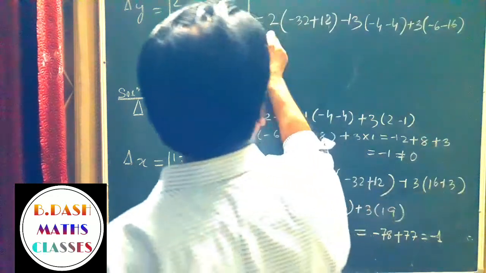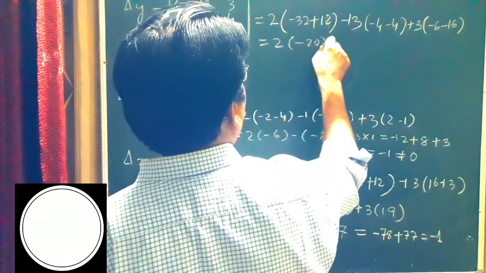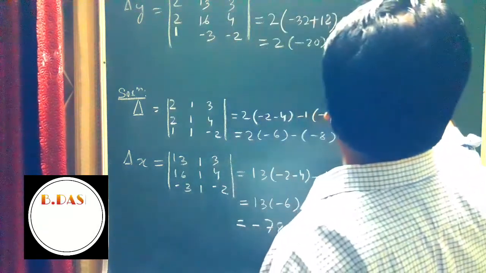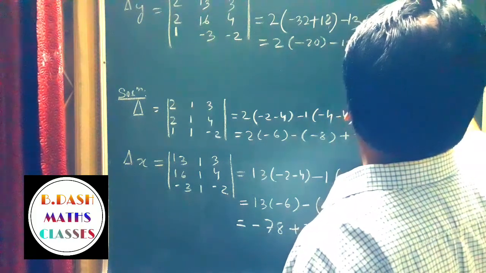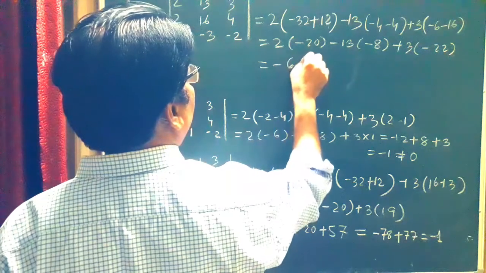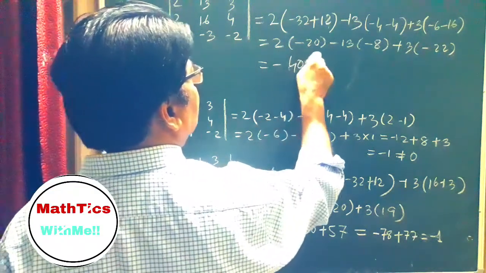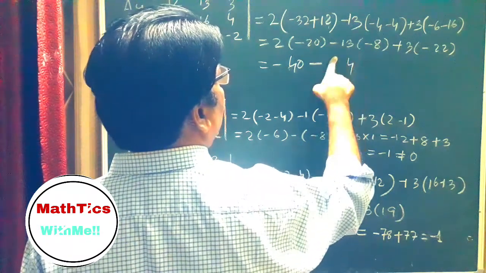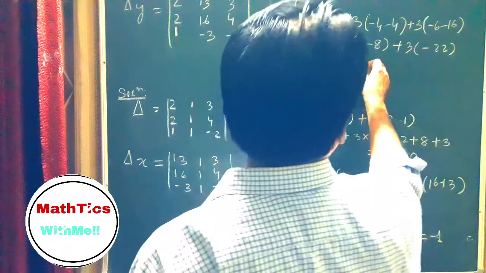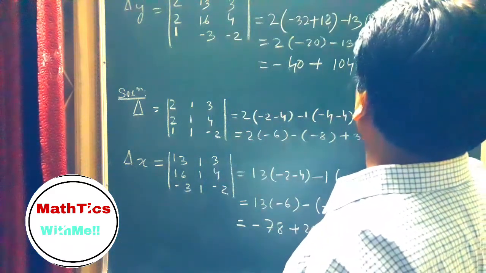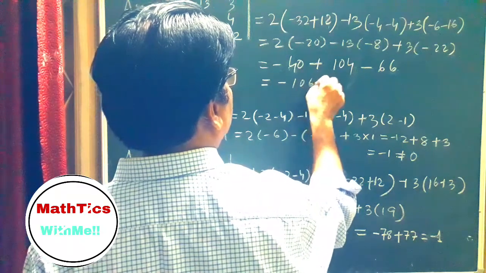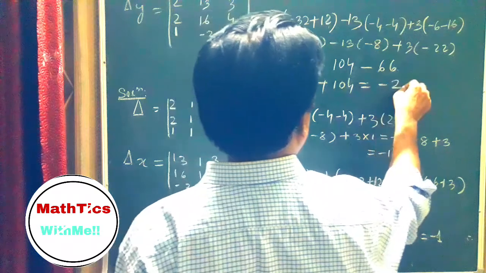So this equals 2 into -44 minus 13 into -8, plus 3 into -10, which gives -88 + 104 - 30... and we get -2. We got it.